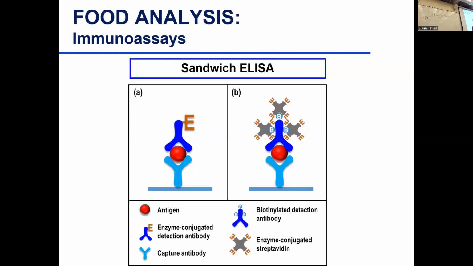So sometimes your allergen is present at really very low concentration and you want to detect that, especially if you are looking for potential allergens for labeling. So you really want to intensify the sensitivity of the assay. So this is a very common technique to intensify or enhance the sensitivity of the assay.